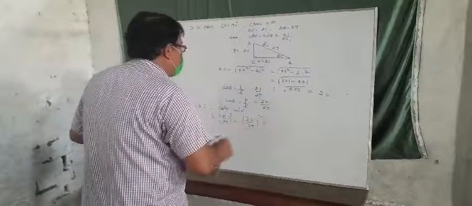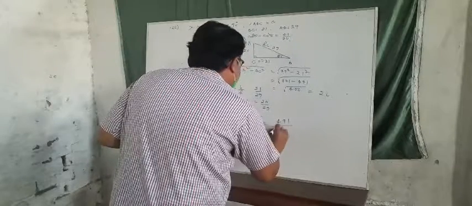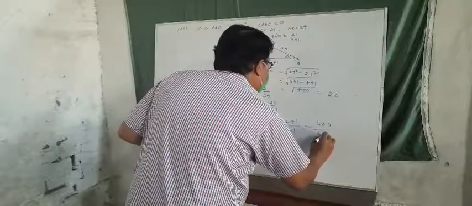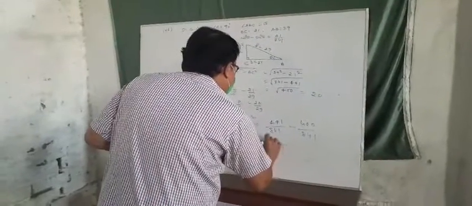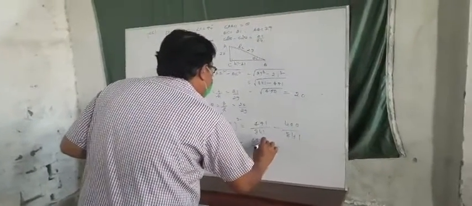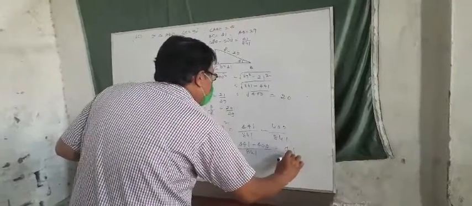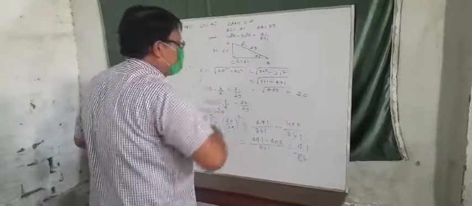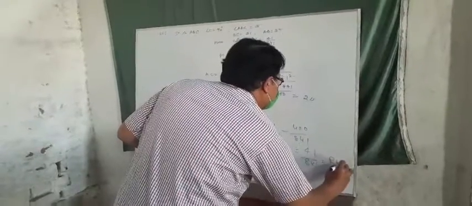This is 441 upon 841 minus 400 upon 841. The LCM is 841, so 441 minus 400 is 41 upon 841. Same as the value of RHS, so LHS is equal to RHS. Proved.